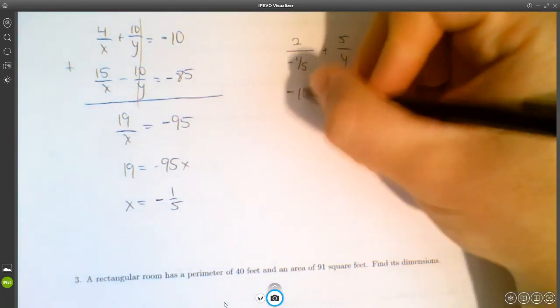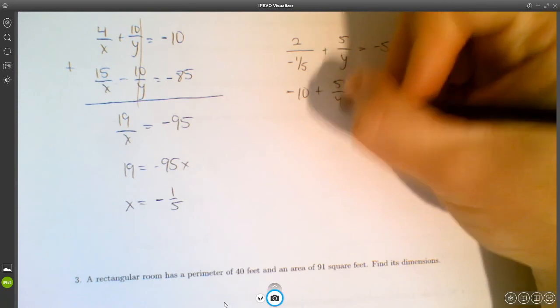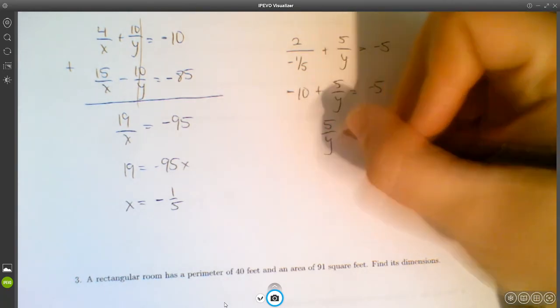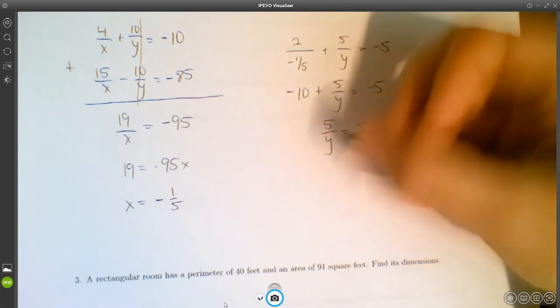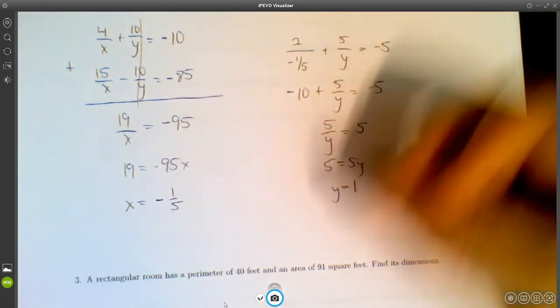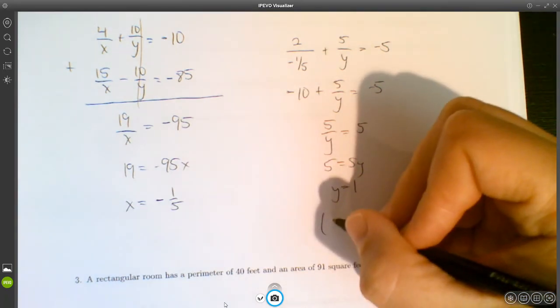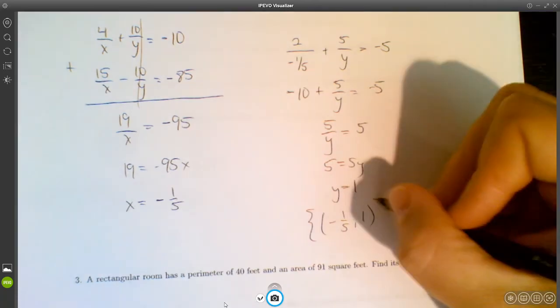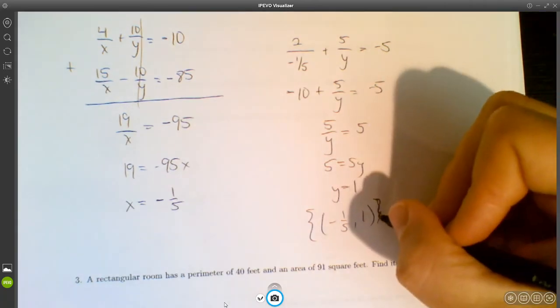It's just negative 10. Add 10 to both sides. And then you get 5 equals 5y, so y equals 1. So there you go. You get the point negative 1/5, 1 as your one and only solution.